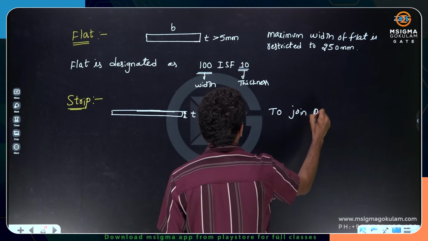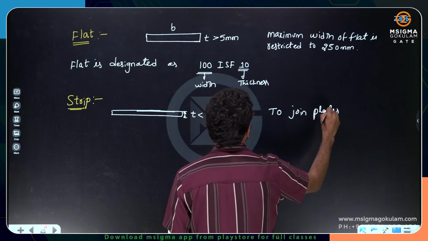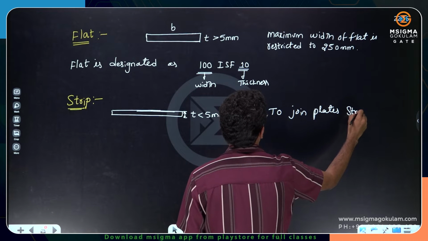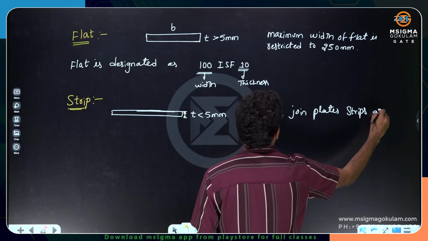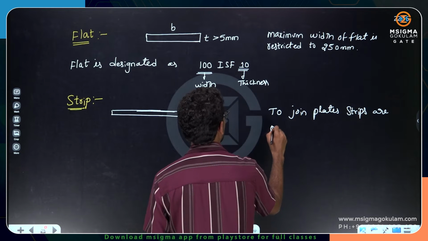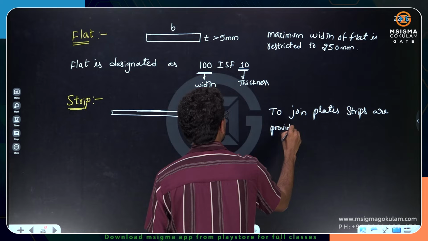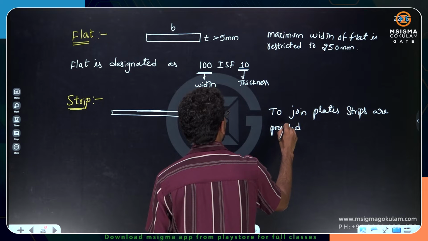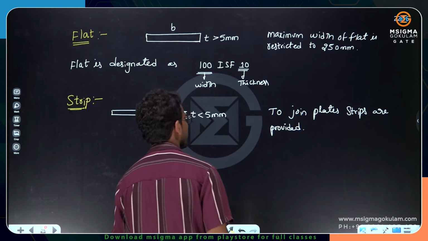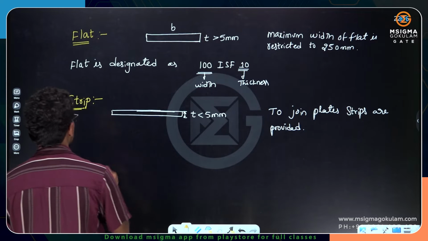Strips are provided to join the two plates. Please remember this. And how to designate this strip?